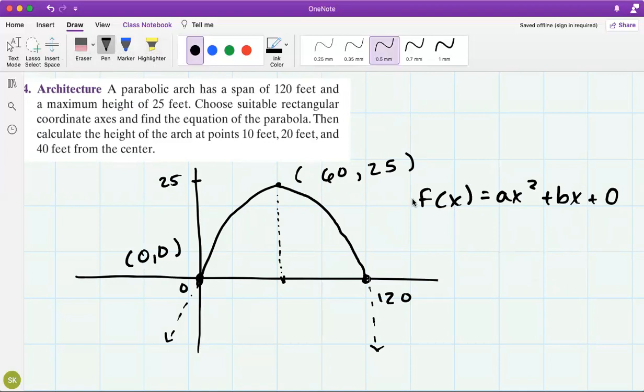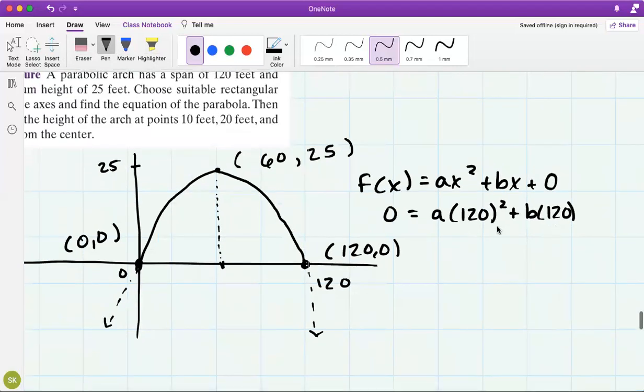The next thing is I have this point (120, 0). So when I plug in 120, I should get 0 for this function. So I have a times 120 squared plus b times 120, which is going to give us 0. Let's simplify that. 120 times 120 is 14400.